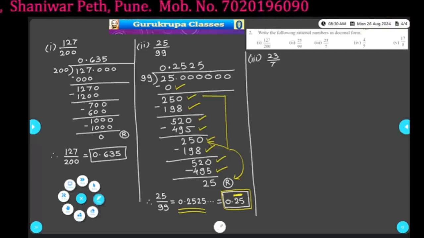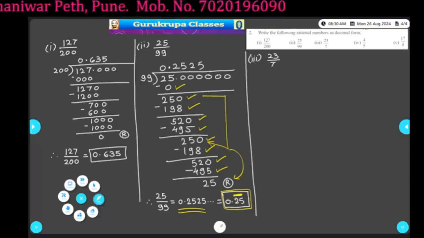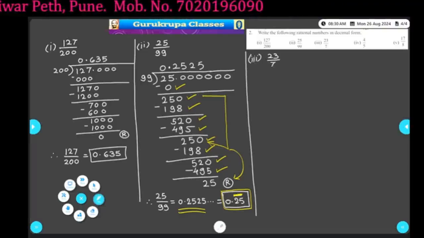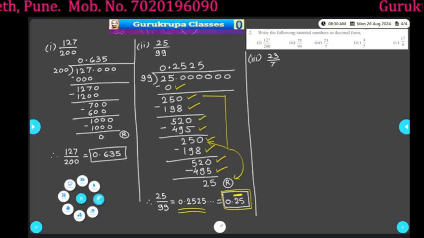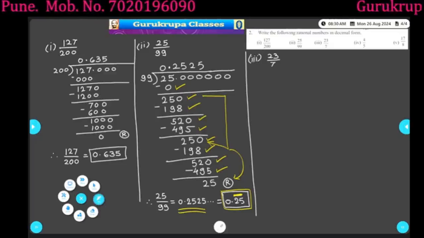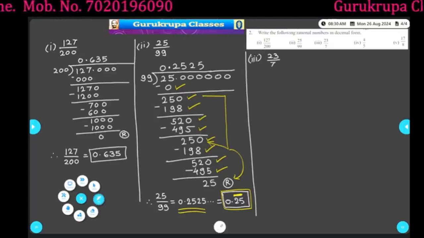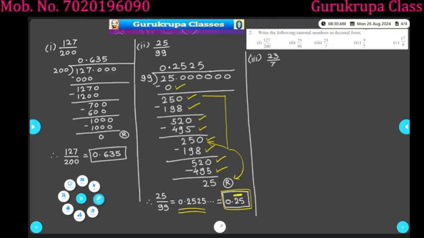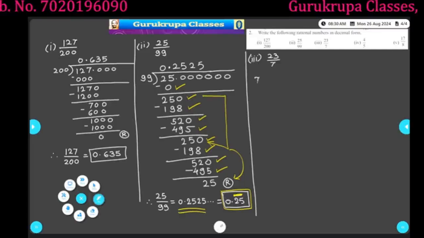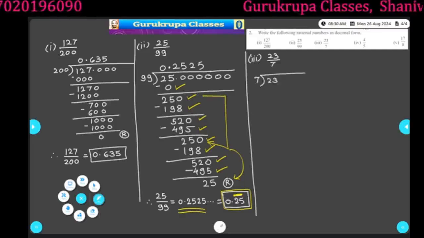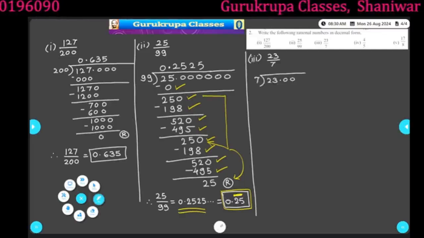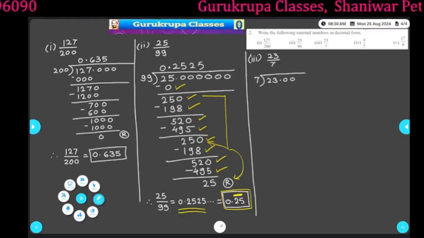The third sum is given to find the decimal form of the rational number 23 upon 7. Now the prime factorization of 7 gives a factor other than 2, so it is also a non-terminating and recurring form. So 7 is the divisor, 23 is the dividend. We take 0.00 for our further division.